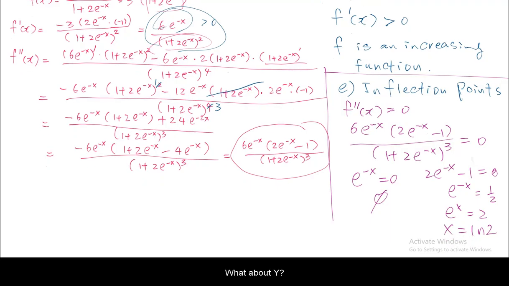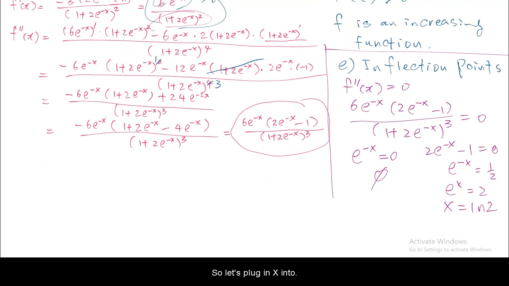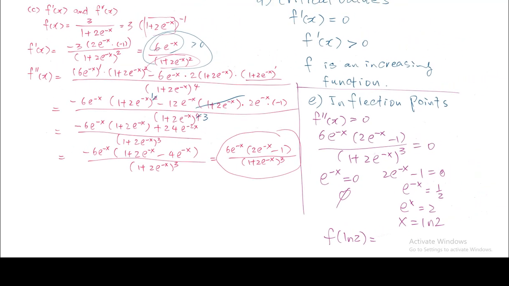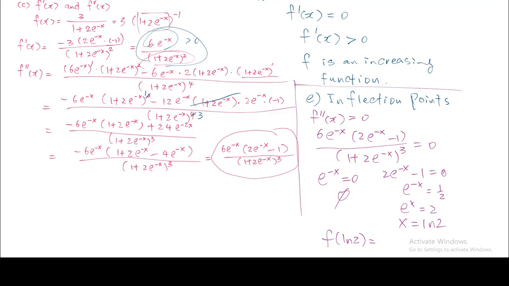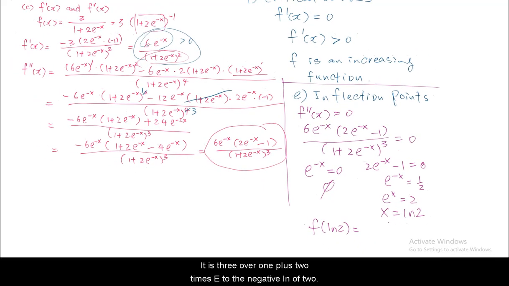What about y? So let's plug ln of 2 into function f. What is function f again? There it is. It is 3 over 1 plus 2 times e to the negative ln of 2. Okay, so what is that?